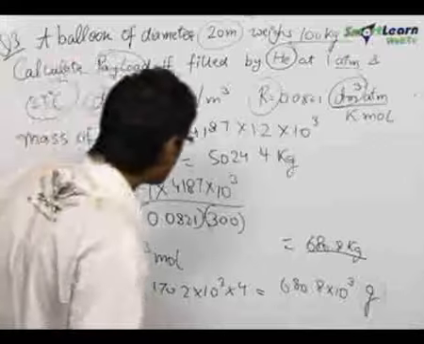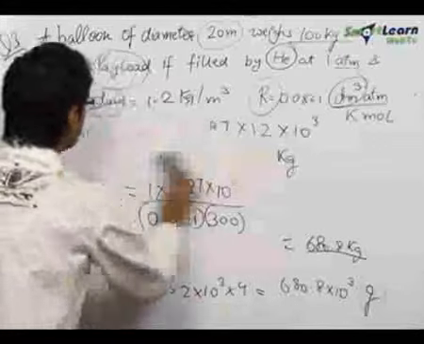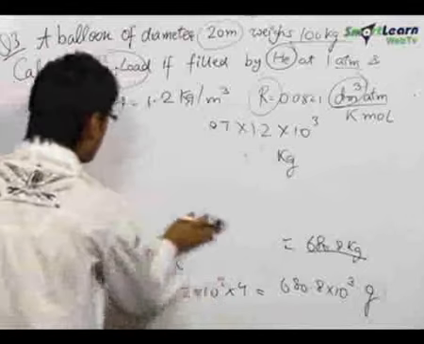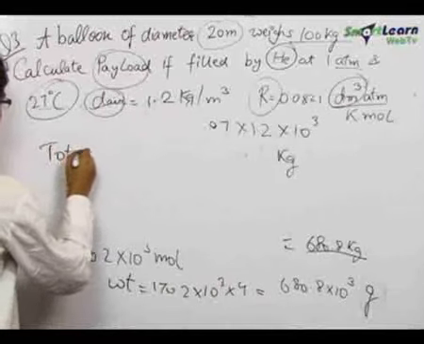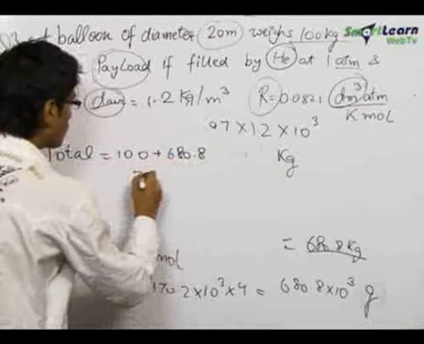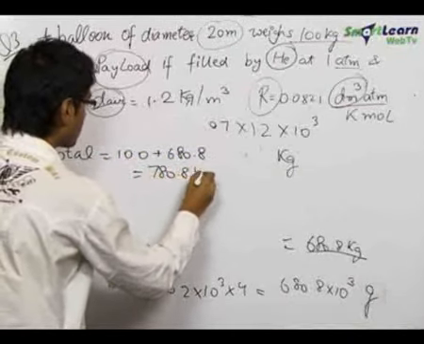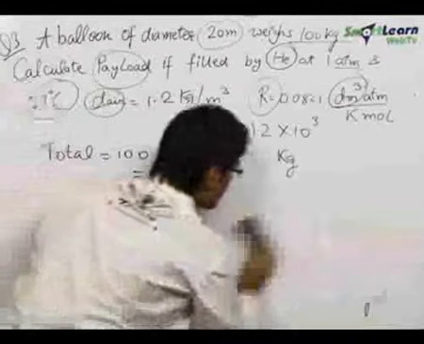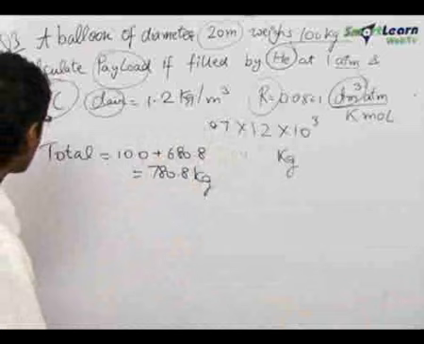So the mass of the total balloon is equal to the mass of the balloon, which is 100 kilograms, plus the mass of helium gas. So total mass is equal to 100 plus 680.8, which is equal to 780.8 kilograms. Now we have got the mass of air displaced as well as the total mass of the balloon.